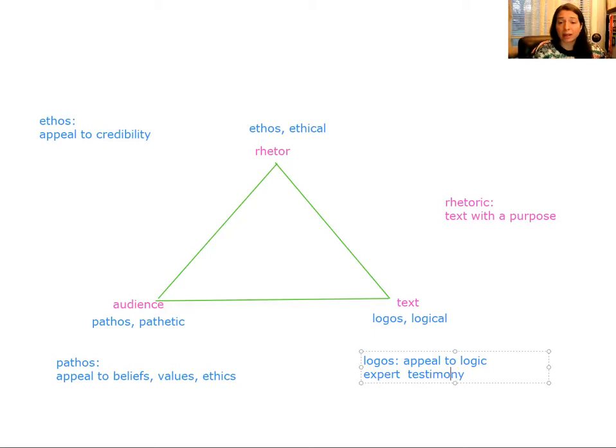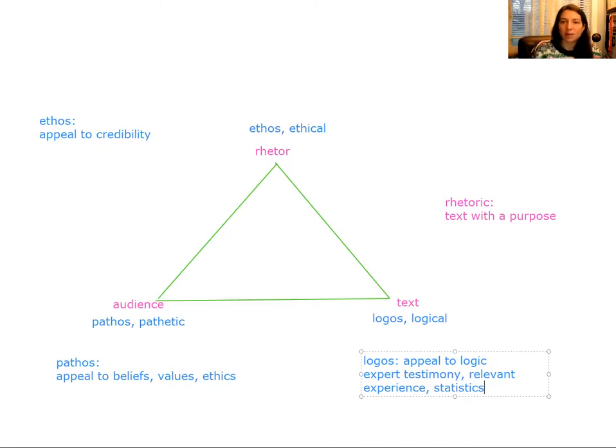If you personally are an expert, if you have experience in the subject, then your personal experience could in fact count as logic. And that also, by the way, would make you a more credible source, right? That would also contribute to your ethos if you are educated or experienced in what you're talking about. So again, this is why these are connected, right? It could also include things like statistics, the results of some research, things like that.